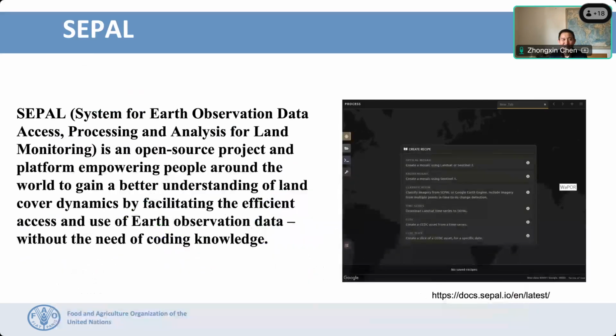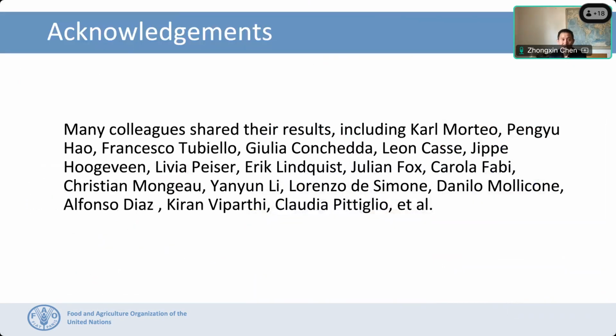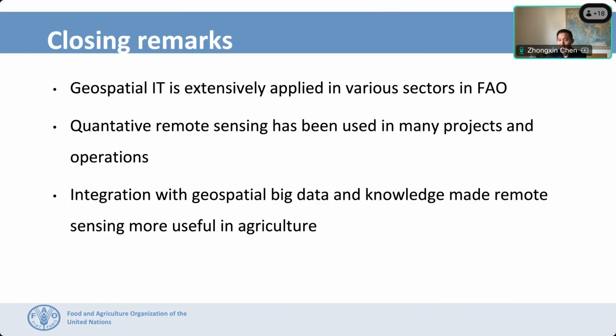And just a final conclusion. We have a lot of applications in agriculture, and we just showed examples of a few. If you review the literature, there are massive applications. I want to highlight that in the past we did a lot of classification, but I think in the future a lot of quantitative remote sensing will be used.